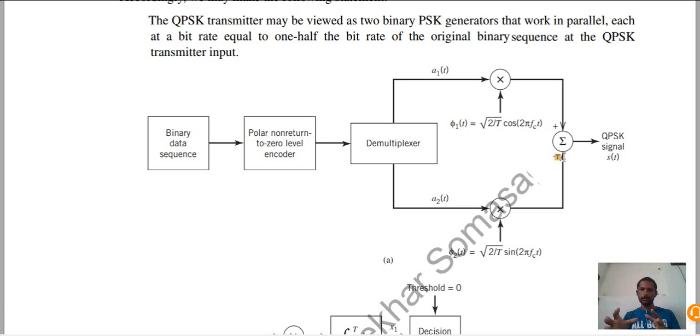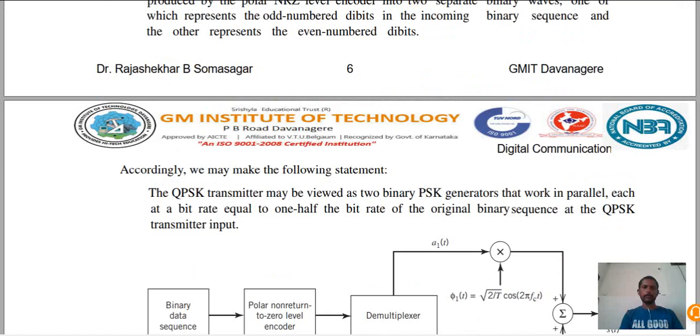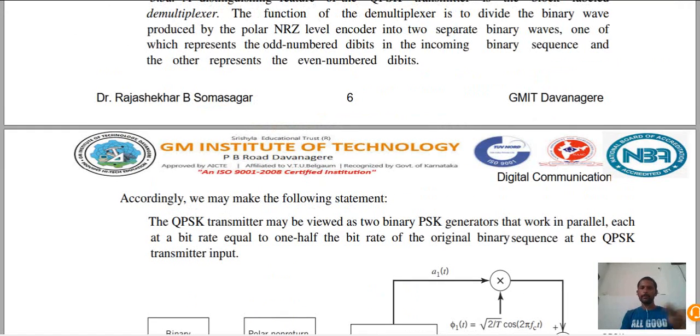Whatever we have discussed in the example, the same procedure is applicable here. That generates the QPSK. The same information is given here.